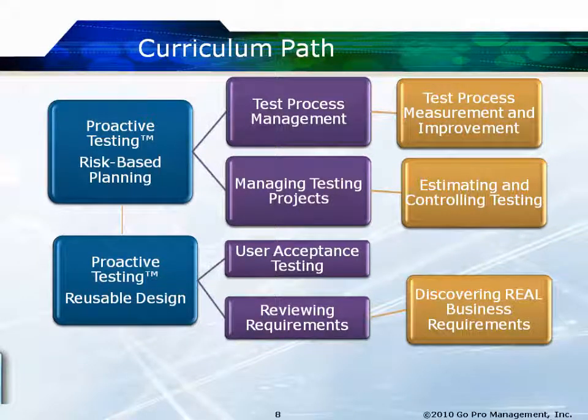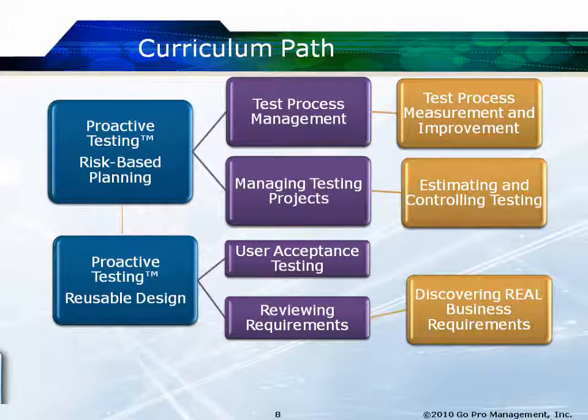Okay? And the courses on reviewing requirements really represent the proactive testing portion of how we deal with requirements. And I have a 2-day course called Discovering Real Business Requirements. Okay? And the reviewing requirements has more than 21 ways to review or evaluate whether those requirements that you've discovered are right.